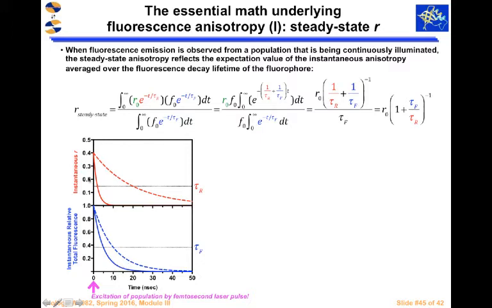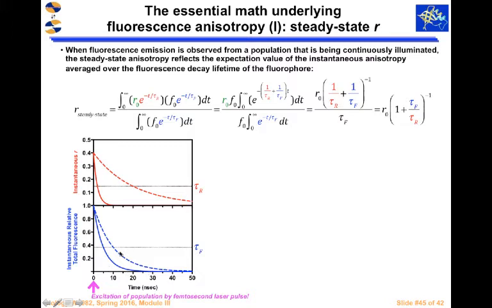For a given molecule, this basically describes the probability that it will decay at a given time relative to the absorption event. When we excite the whole population instantaneously at this time, it's made of individual molecules. So we excite everything at this moment, and then one by one they are decaying. This curve describes the probability for decay over time.